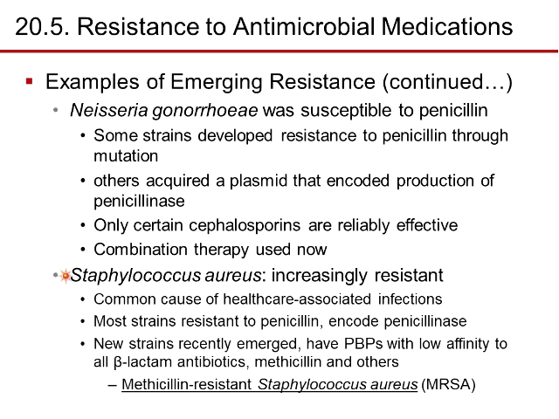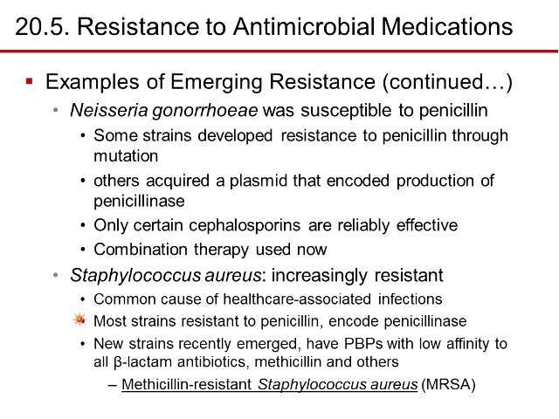Now, Staphylococcus aureus is the bacteria that we grow like a flower in our own garden. The increased resistance is based on our increased use of stronger types of antibiotics, and we basically created this resistance by our misuse. We used it improperly, and we didn't use it thoroughly when we treated the infections. It's a common cause of healthcare-associated infections, and most strains are resistant to penicillin. They encode penicillinase. The new strains recently emerging have PBPs with low affinity for all beta-lactam antibiotics, methicillin and others.